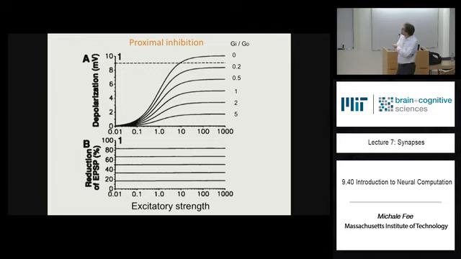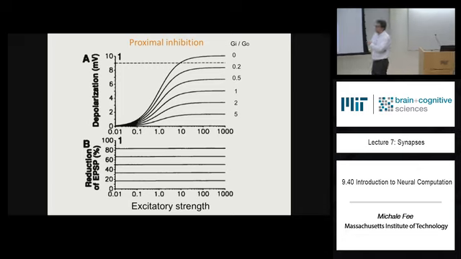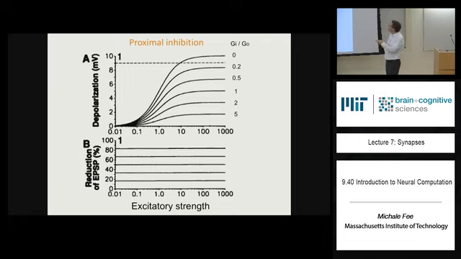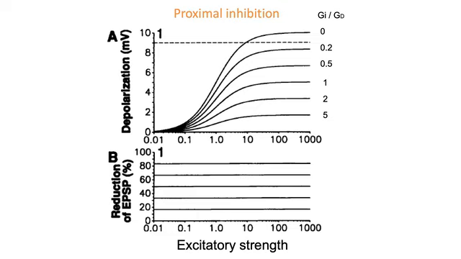So if you put in strong inhibition, you can always cause that excitatory input to be suppressed to 0. Inhibitory input proximally at the soma can suppress the response of a neuron to an excitatory input no matter how strong the excitatory input is.